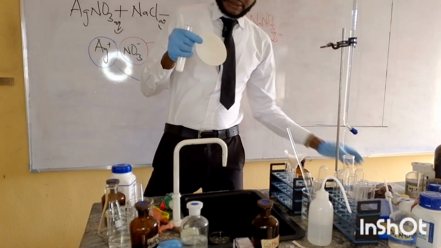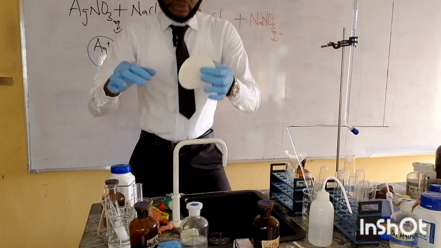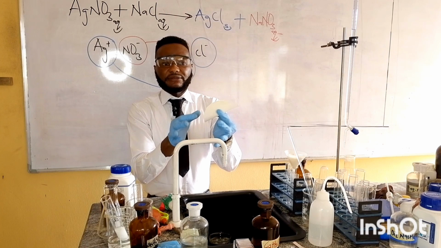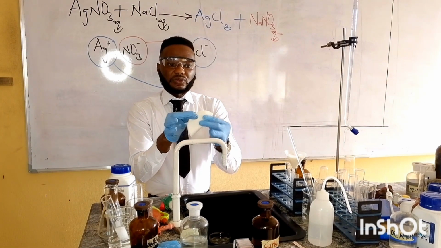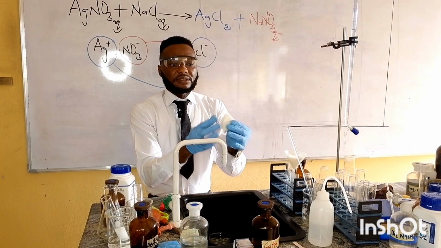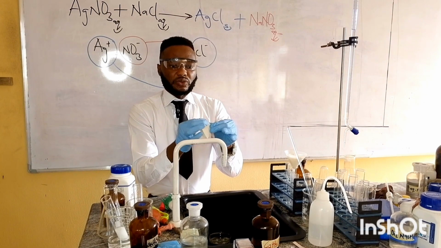So you already know how to fold filter paper. You fold the filter paper first in half. So let me be fast. Then you turn it again. So you have a cone shape.